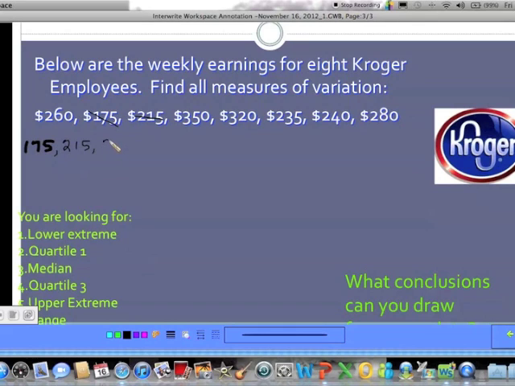Then we have 235, 240, 260, 280, 320, and 350. All right, and then this is what we're looking for.